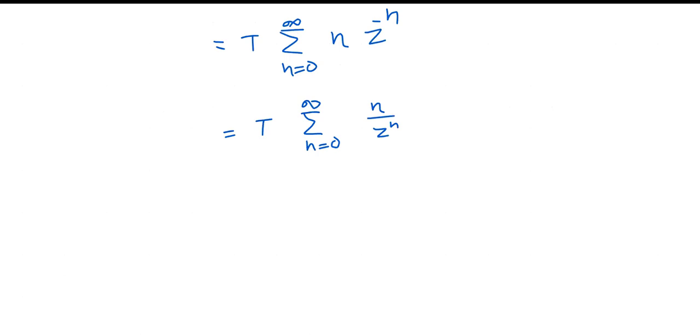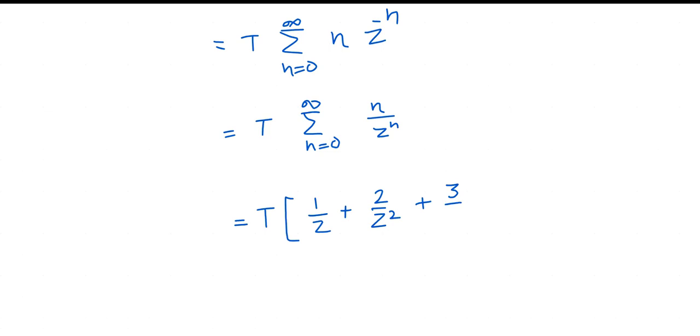We will have T times, inside, 1 upon z plus 2 upon z square plus 3 upon z cube. The first term is 0, because we start from n equals 0.